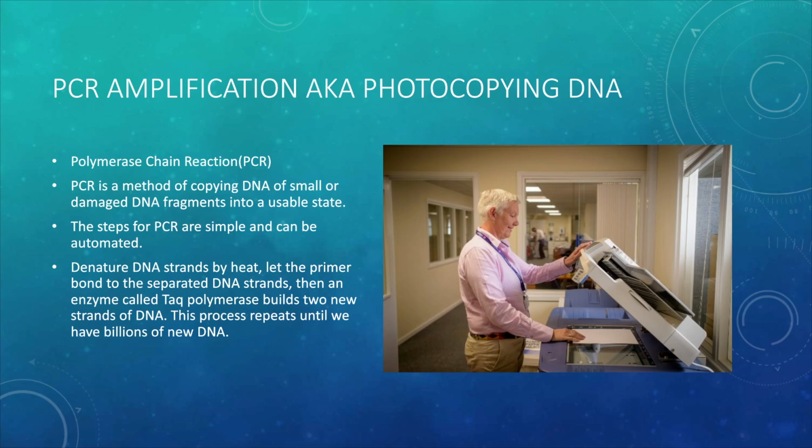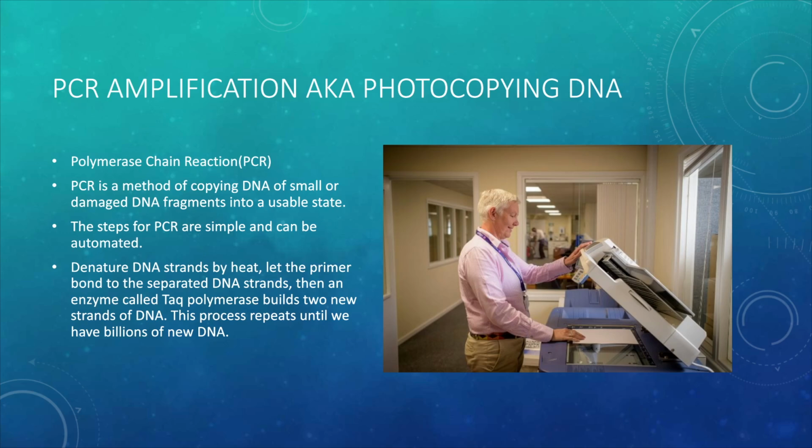Think of it as using a photocopier. It's pretty simple. You would have the DNA you want to copy in the lab, of course. You'd have your primers, you'd have nucleotides, and you'd have it in some type of solution. You would heat up the solution, and that would remove the hydrogen bonds between the strands of DNA.